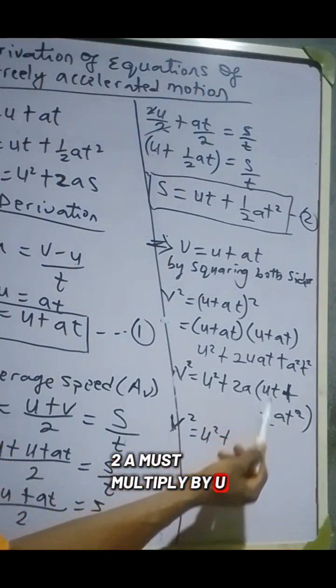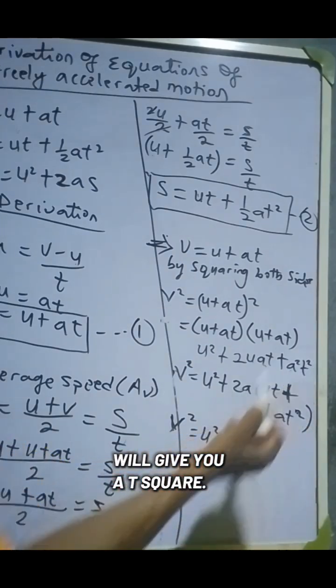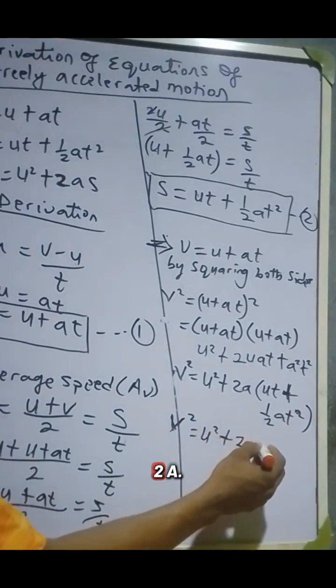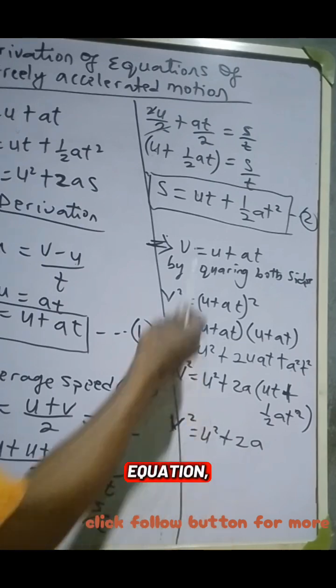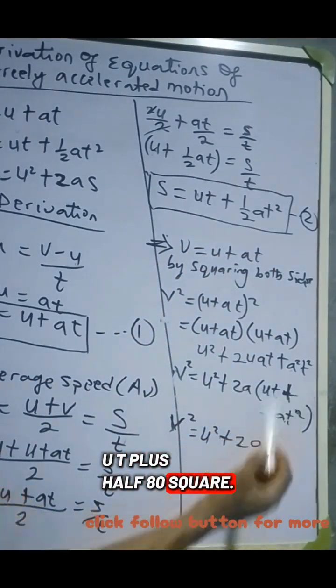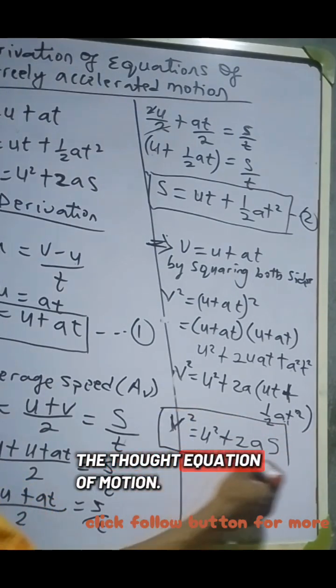Bracket close. Now, 2a multiplied by ut gives you 2uat, and 2a multiplied by half at squared gives you a squared t squared. So we are left with u squared plus 2a times this bracket. Now, in the second equation, s is ut plus half at squared, so we replace that bracket with s. So we are able to form the third equation of motion.